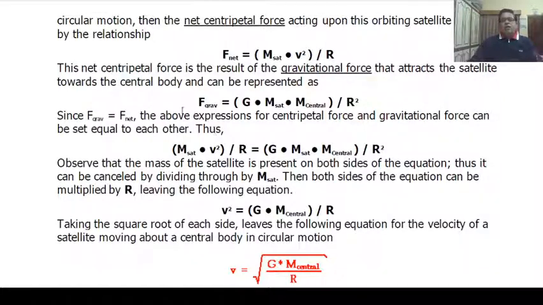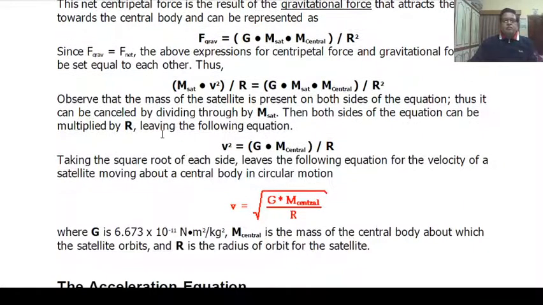Thus, because centripetal force is the result of gravitational force, M satellite V square upon R equals G M satellite M central upon R square. Observe that the mass of the satellite is present on both sides of the equation. These cancel.